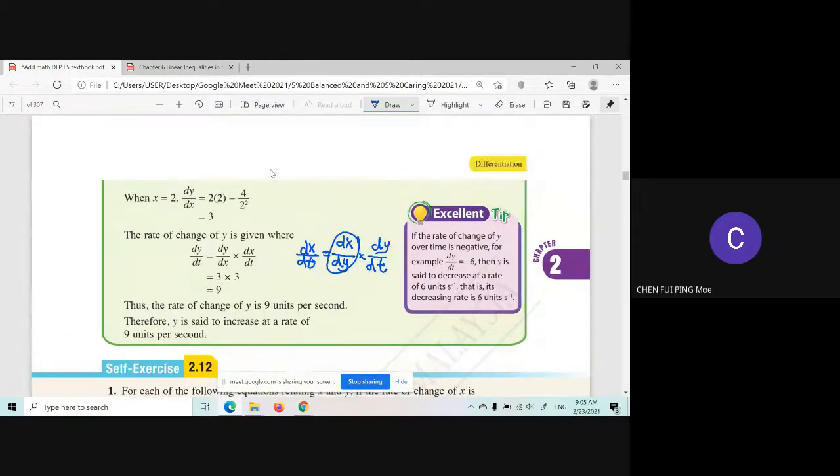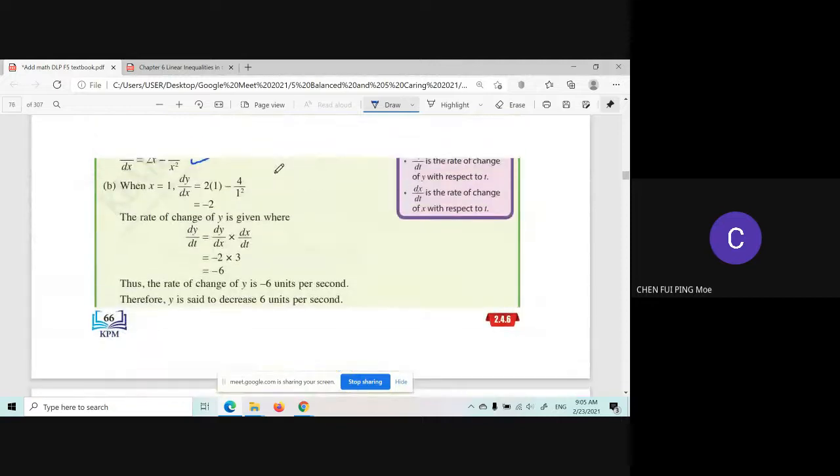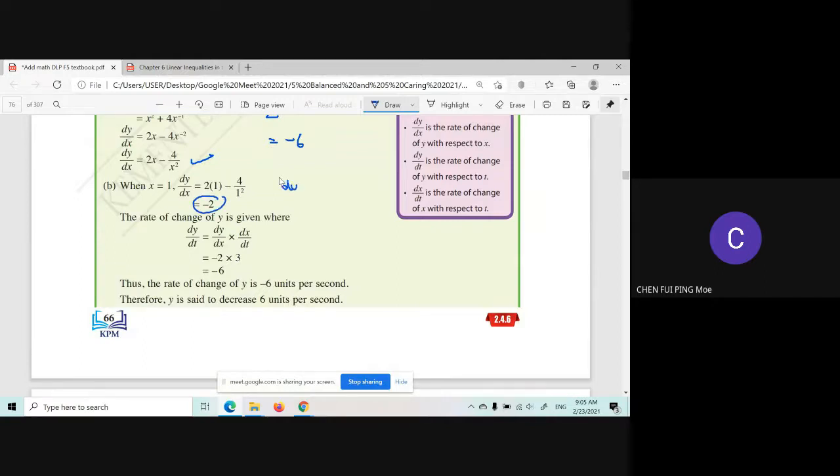For example, I use the same question back. You can do like this. Say I get my dy dx equals negative 2, meaning that my dx dy will be, this one is over 1, meaning negative 1 over 2. You can flip it like this. You can get the answer like this if you need dx dy.